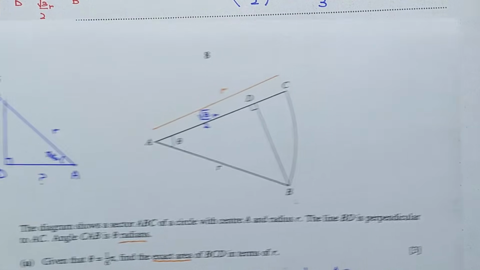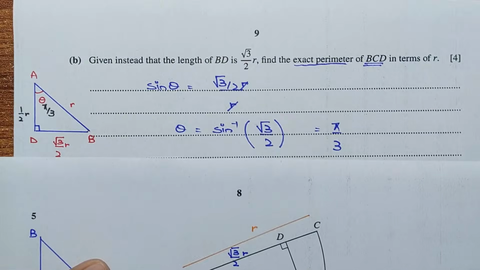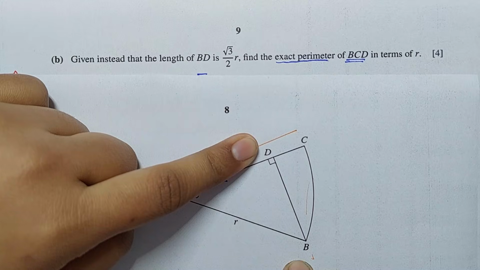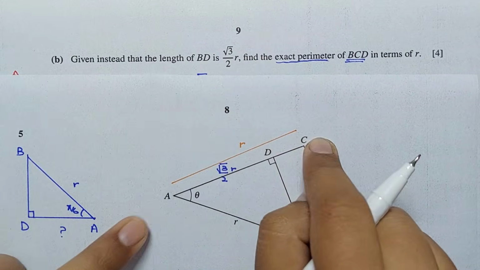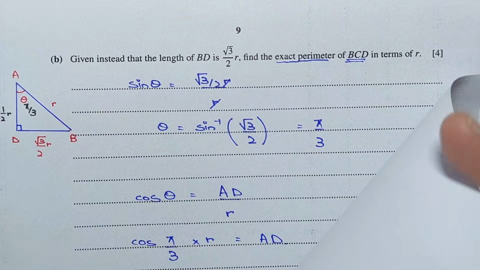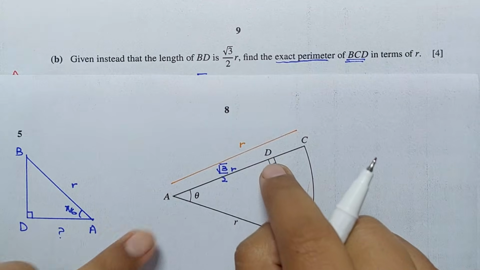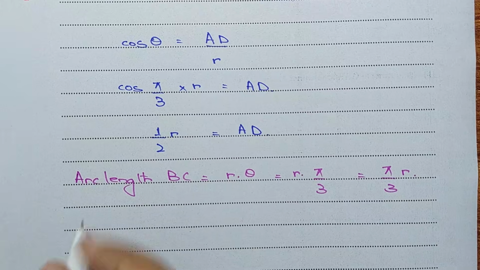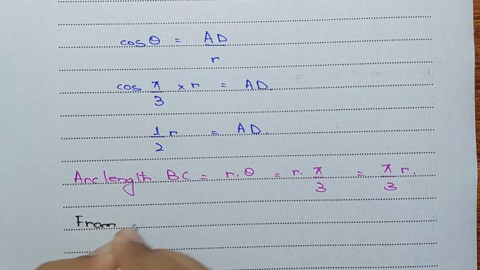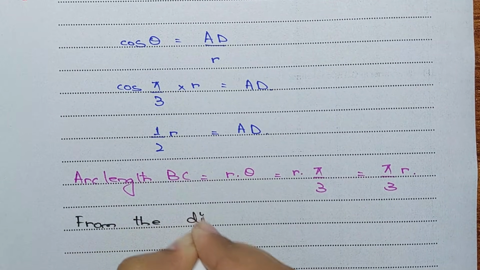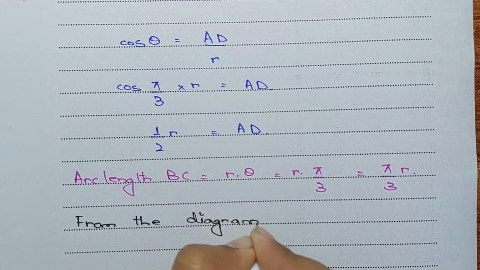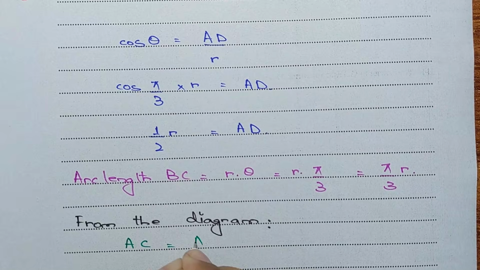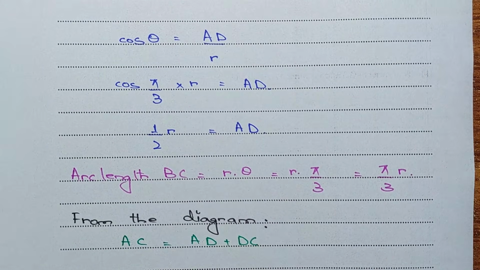And we have been given in the question that this length BD is root 3 over 2 r. Now what is that length? We have AD. What is AD? We have done it. AD is half r. Okay, let me solve. From the diagram, AC is the sum of AD and DC.